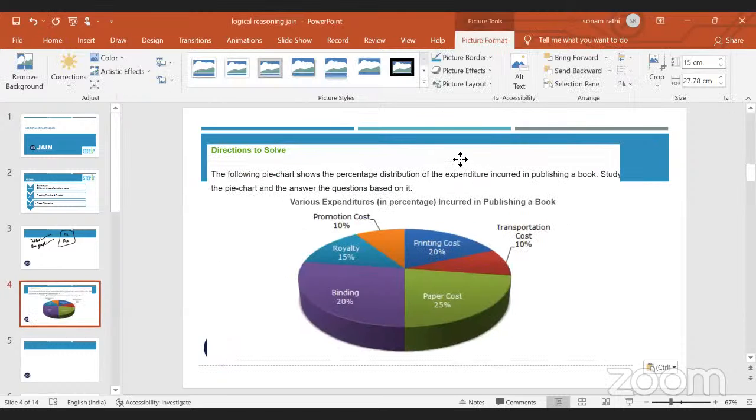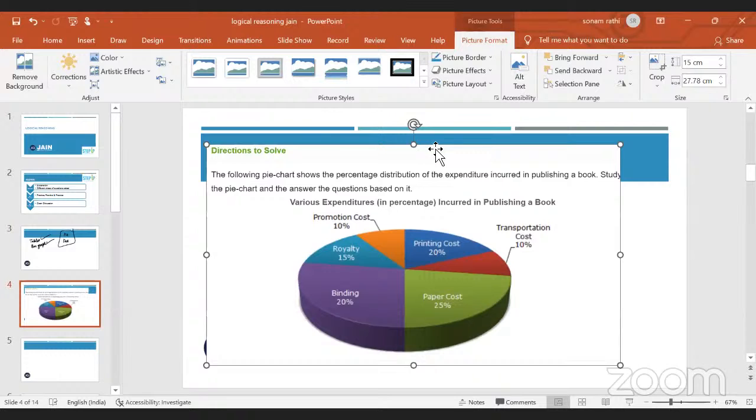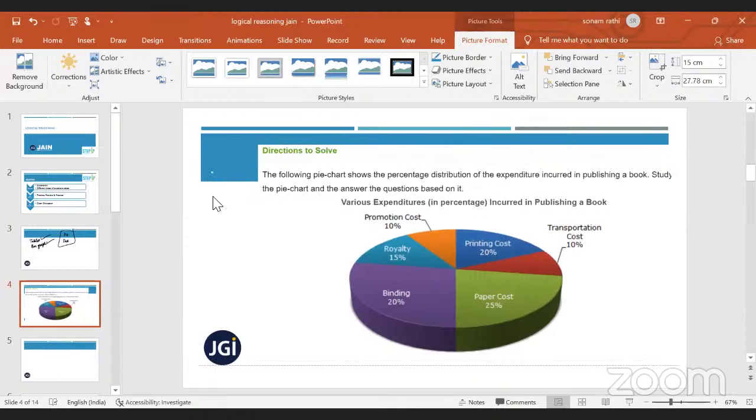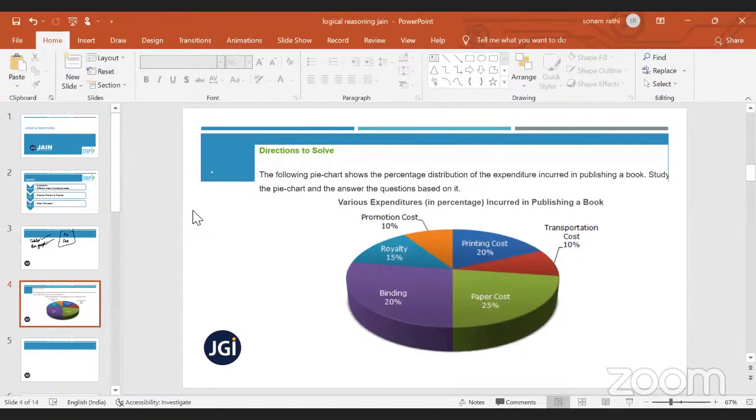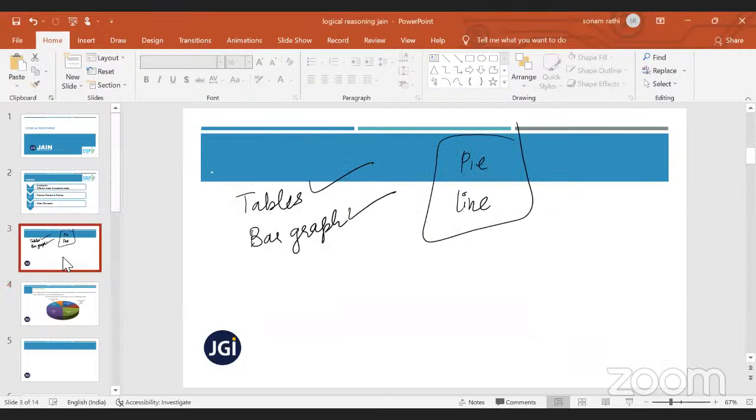Okay, everyone, please see the data carefully. Note down the data. Ma'am, today also data interpretation? Yes, this is also data interpretation. So in the last class, we did tables and bar graph. Today we will do pie and line.